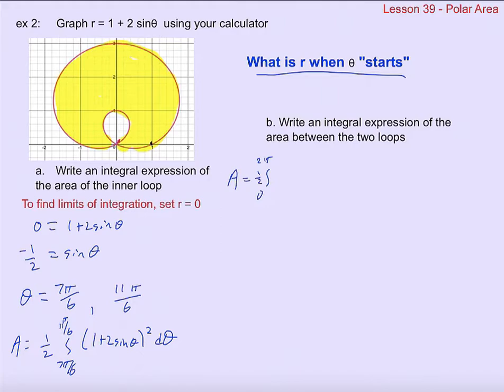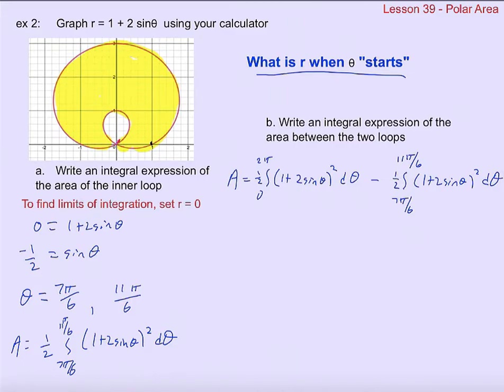Sorry, I forgot my 1/2 times r squared d theta, minus the integral we just wrote, which is the area of that inner loop. One plus 2 sine of theta squared d theta. But there's a problem with this.